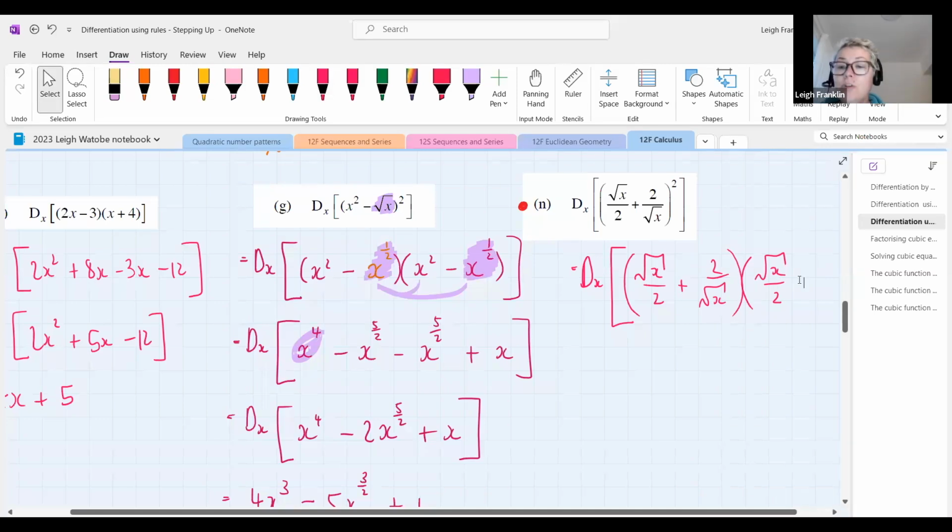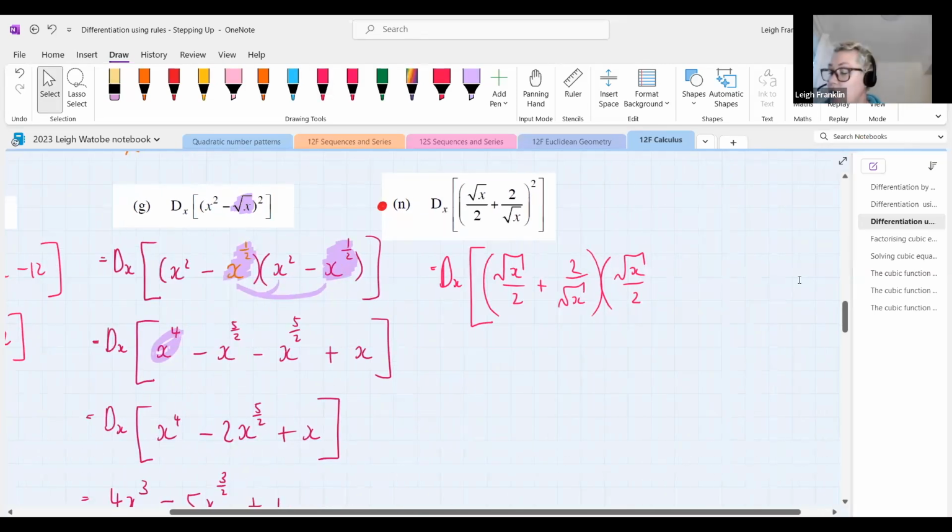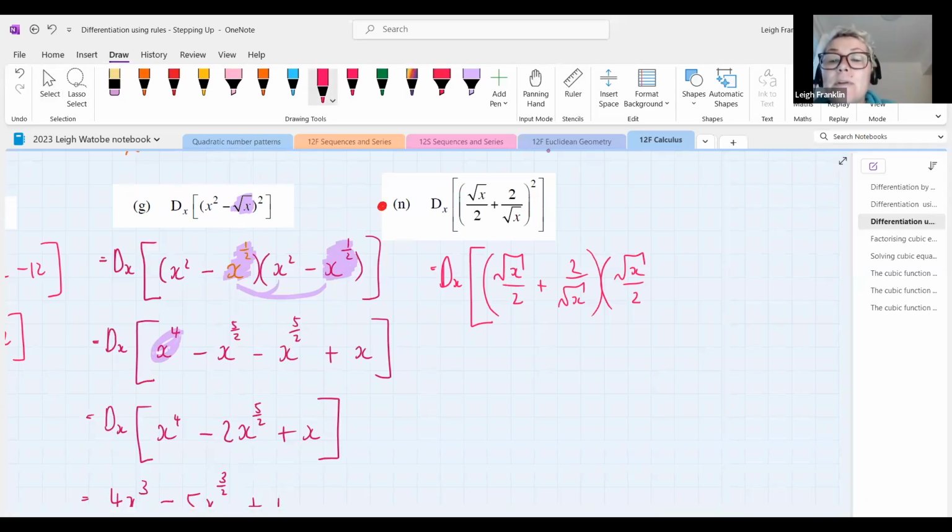Okay, what you can do here, Nhlanhla, and everybody else who tried this question, in order to save yourself a little bit of time, is you can actually write the root x as x to the power of half at the same time as you expand the brackets. So over here, you can write that as x to the power of a half, and you can do the same thing at the bottom over here.